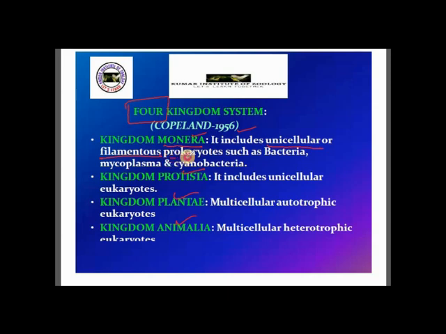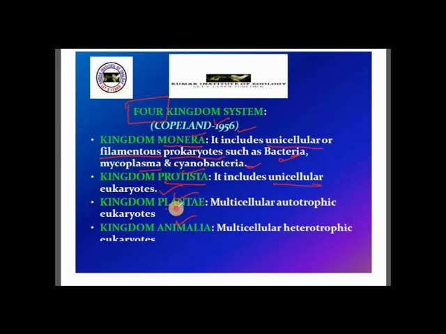So filamentous prokaryotes such as bacteria, mycoplasma, cyanobacteria are included in the Monera by Copeland in 1956. Protista, as usual, includes unicellular eukaryotes only. So it was somewhat changed by Copeland.